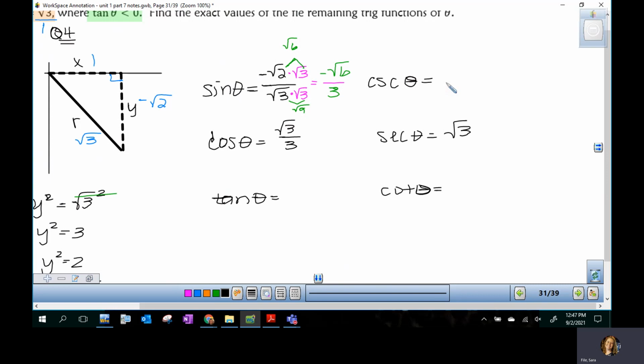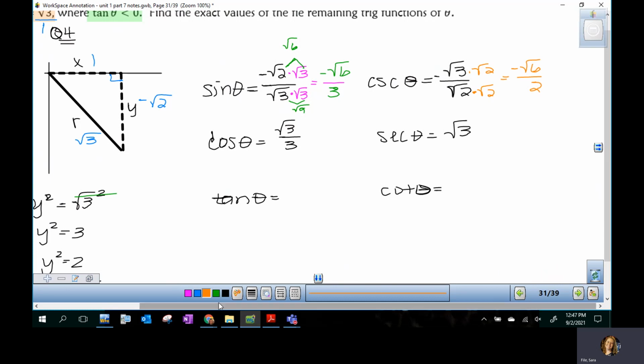So when I do the reciprocal of that, it's going to be negative square root of 3 over square root of 2. And when I rationalize, I'm multiplying by the square root of 2 this time. So I still get square root of 6 in my numerator. It's still negative, but my denominator is a 2 this time. Okay, so when you simplify, those don't really look like standard reciprocals that y'all are used to seeing.